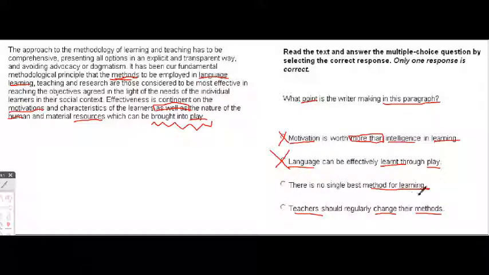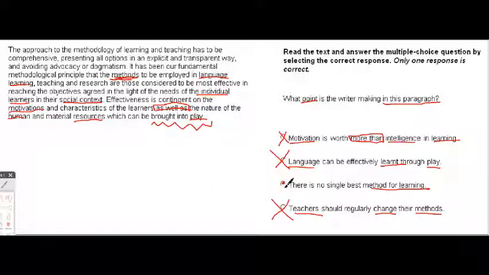This seems right to me because they're talking about dealing with individual learners and social contexts, so that seems like they're adapting to their situation to find what works. Teachers should regularly change their methods. Here's methods, and I don't see any synonyms for change near it, so it's not that one. So this would be my answer.